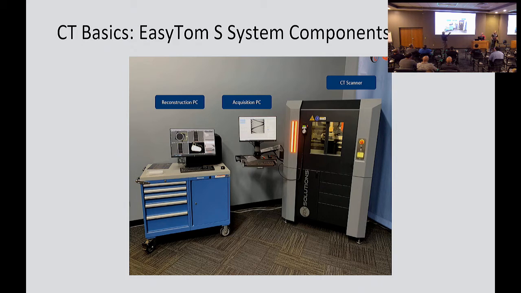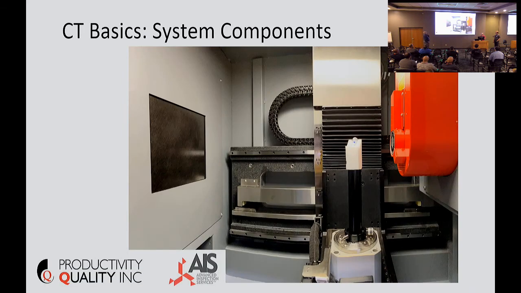And I could be the Vanna White kind of, can't jump high enough. Right here, we have the reconstruction PC. So the CT scanner basically rotates the part around. The acquisition PC gathers all of those images that Keith was talking about, and then the reconstruction PC basically takes all of those images and brings it back into a three-dimensional object.